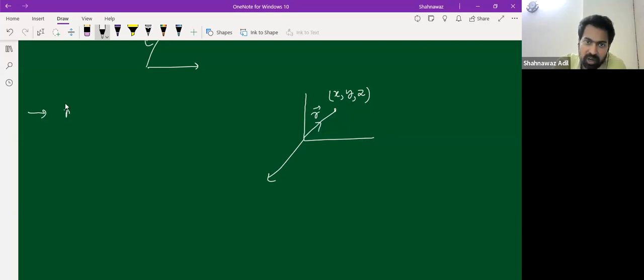Let's say this is R. We can write this as x i hat plus y j hat plus z k hat.